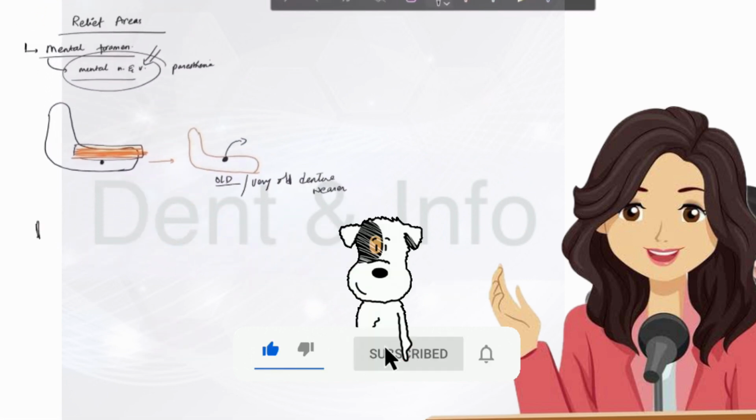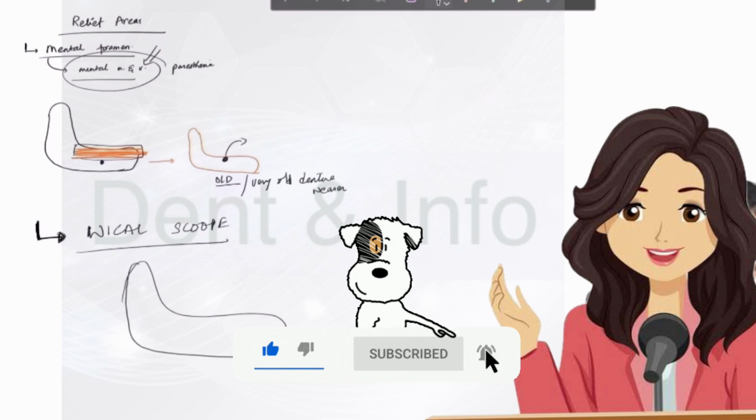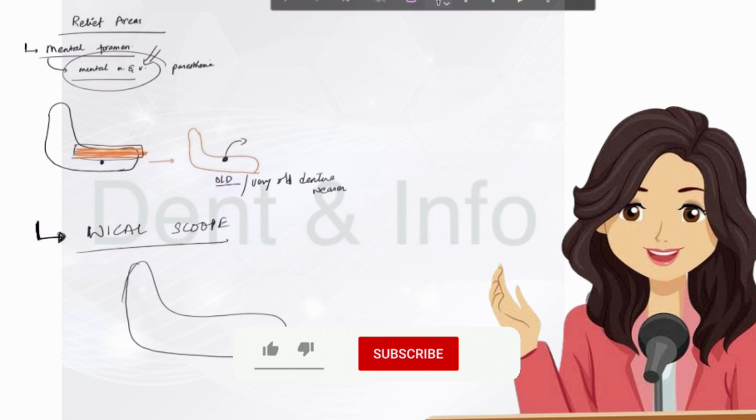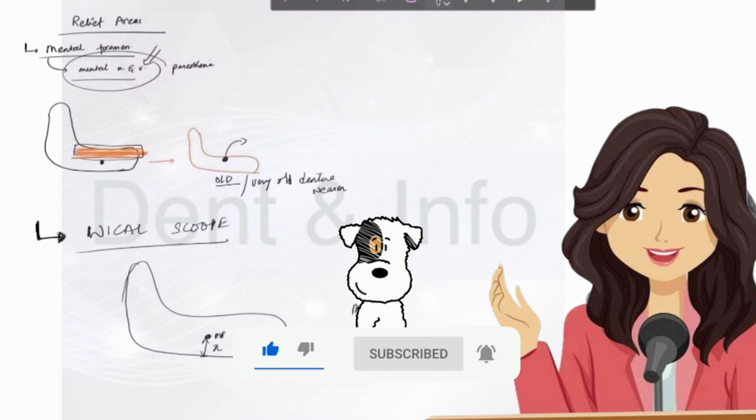So another applied question, I recently said it to you, we will teach you certain extra questions also, is a study done by Vikal and Scoop. What does Vikal and Scoop say? If you want to identify the resorption that is happening, or rather the original height of the mandible, consider the distance from the mental foramen to the base of the mandible as x.